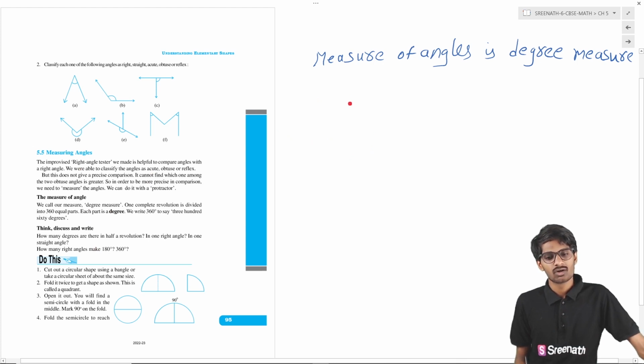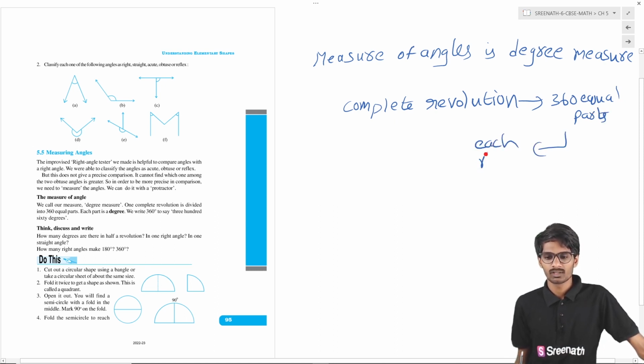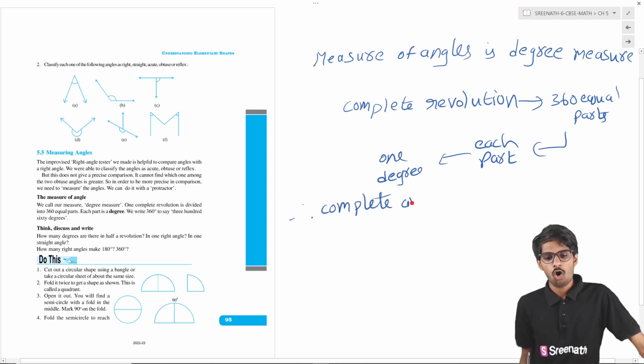One complete angle, or complete revolution, is divided into 360 equal parts, and each part is 1 degree. So for a complete angle, what is the total measure? There will be 360 equal parts. One part is 1 degree, so 360 parts is 360 degrees.